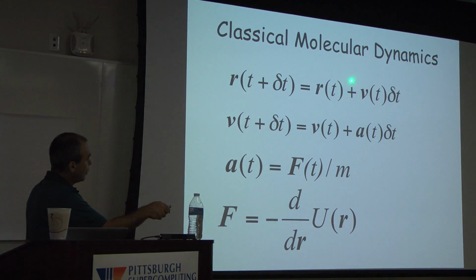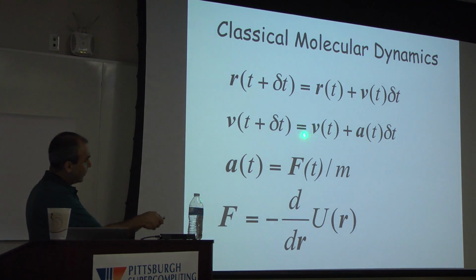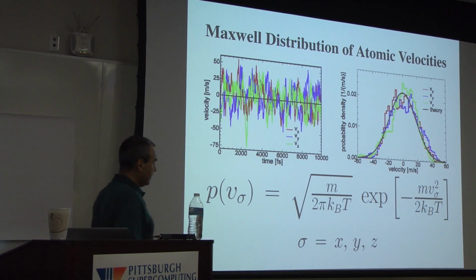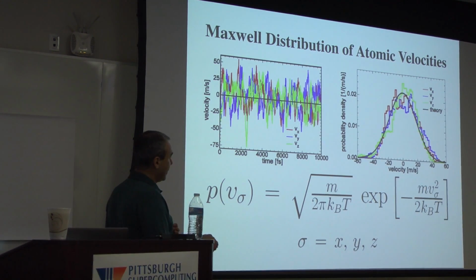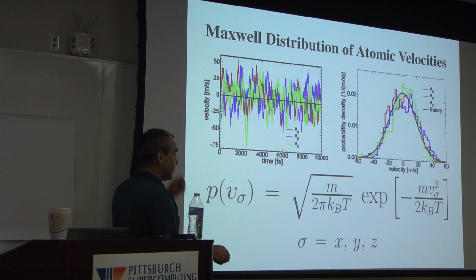So I talked about this again. The initial positions come from PDB, or you put together a model using CHARMM-GUI or your own script, solvate in VMD. But you also need to have initial velocities. For that, we are using a probability distribution of velocities in a way that it matches the temperature that we want to simulate.